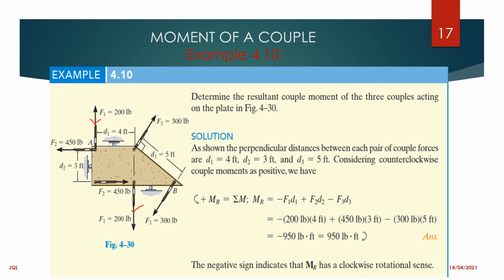The second one is this one and this one. The third one is this one and this one. The distance between the couples for the first one is 4 feet. For the second one, it is 3 feet. For the third one, it is 5 feet.